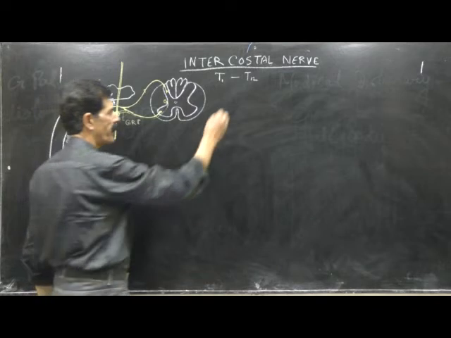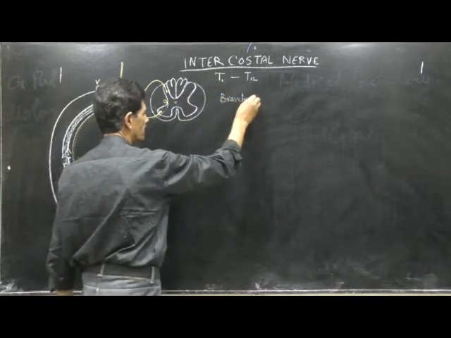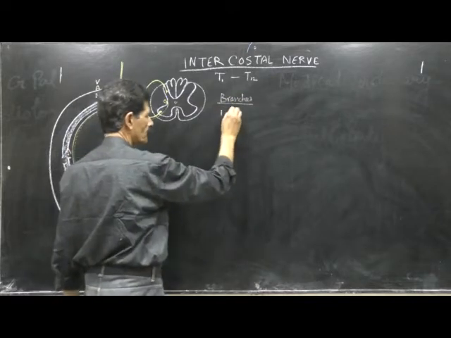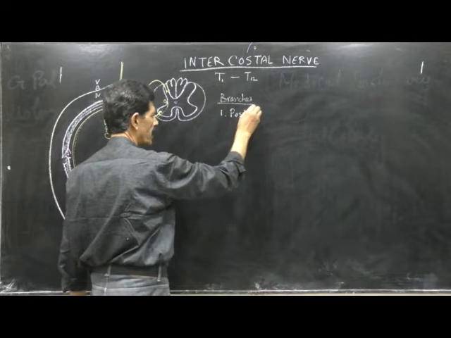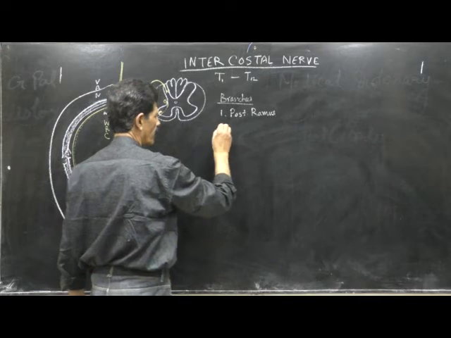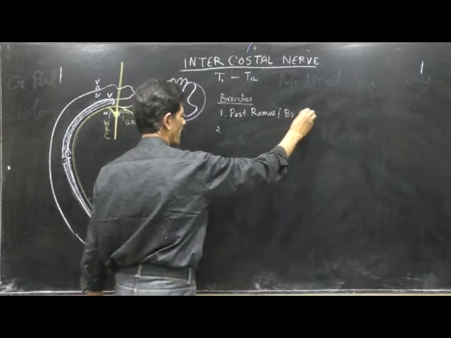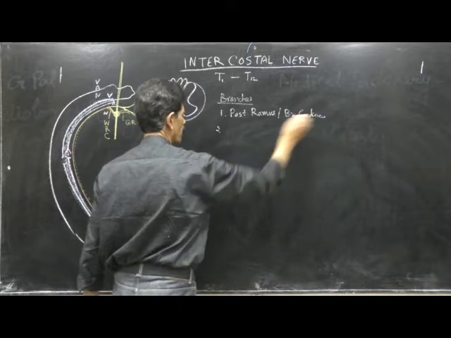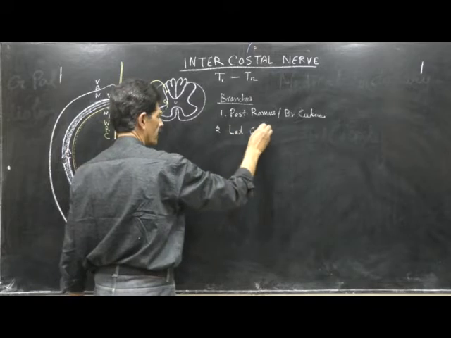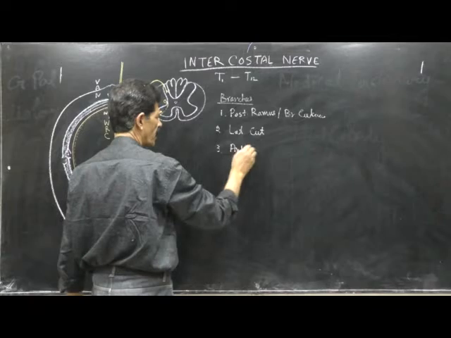Then the branches. The branches of the typical nerve: one is called the posterior ramus, or branch. This is the cutaneous branch. Then comes the lateral cutaneous branch. Then the anterior cutaneous branch.